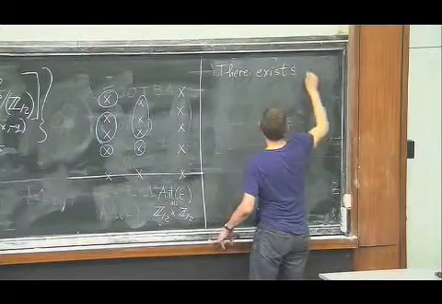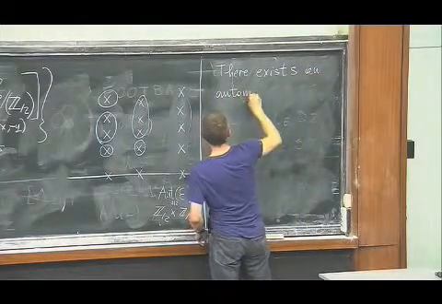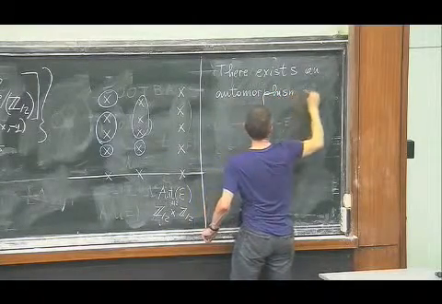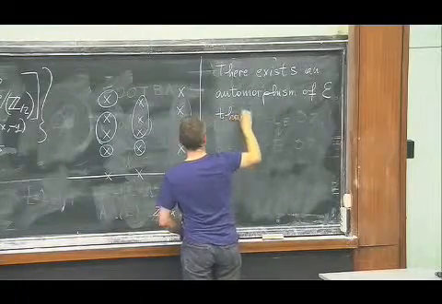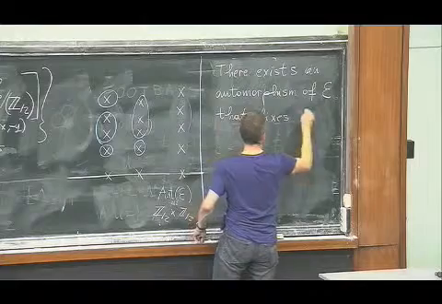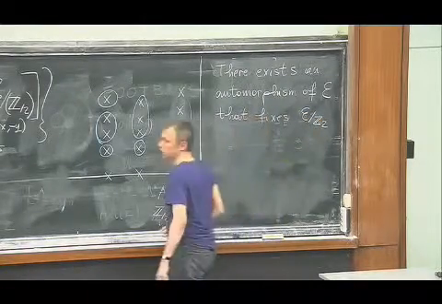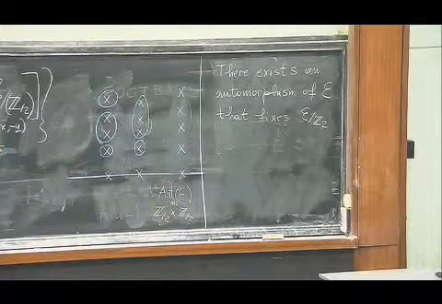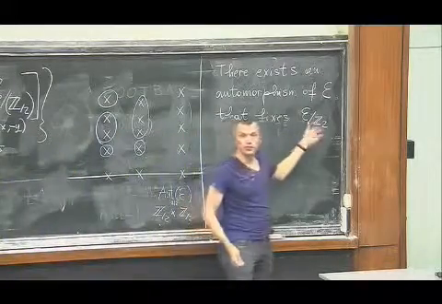There exists an automorphism of E that fixes the coarse quotient. Now I can take the coarse quotient and I get a nodal curve with 2 automorphisms.